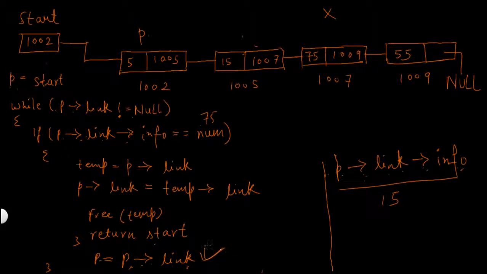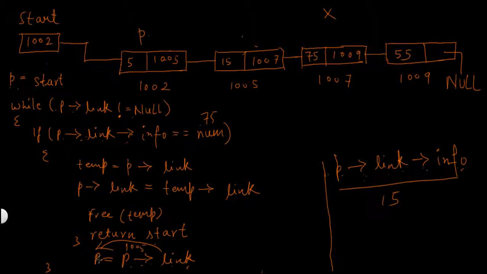This statement will help us to move to the next node. Now p arrow operator link means link part of this node, which is the address of the next node. So p arrow operator link is always the address of the next node. So the address of the next node will be assigned to p, which is 1005 according to this example.